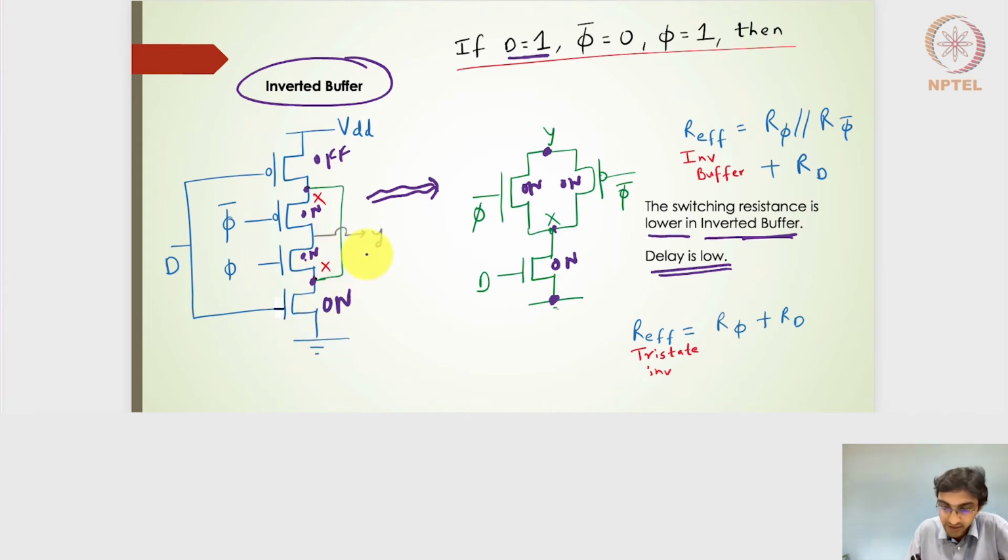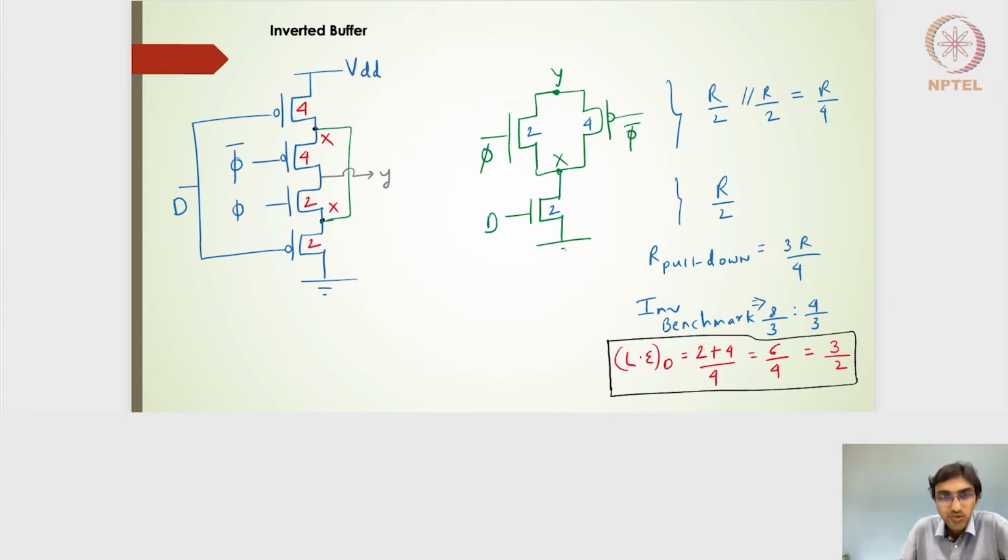So for the falling switching resistance, it will be this, followed by the switching resistance of this. Here in the inverted buffer, I will have a parallel component which will further reduce the switching resistance.